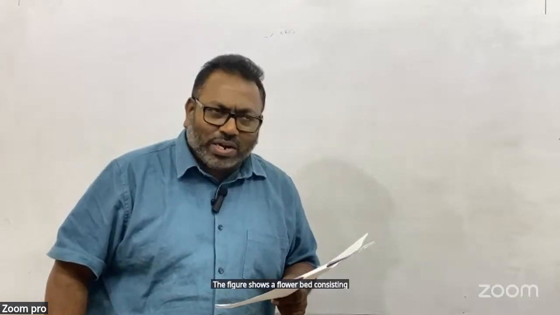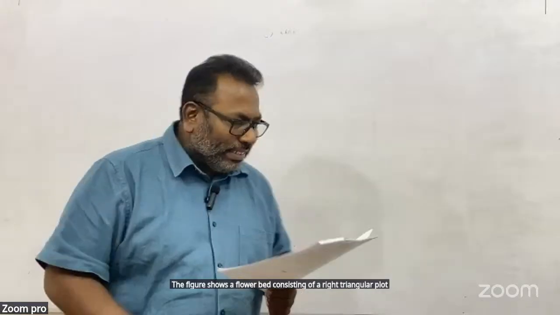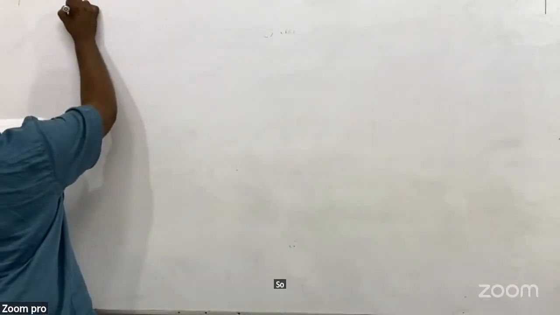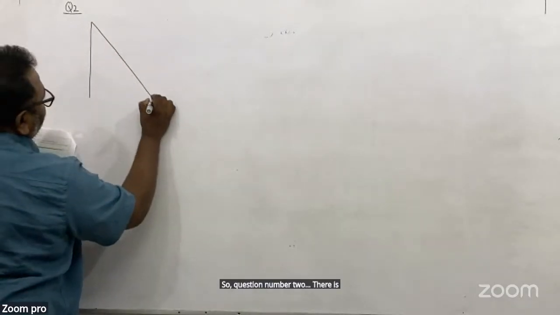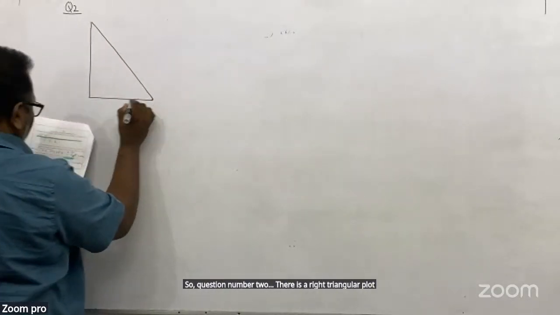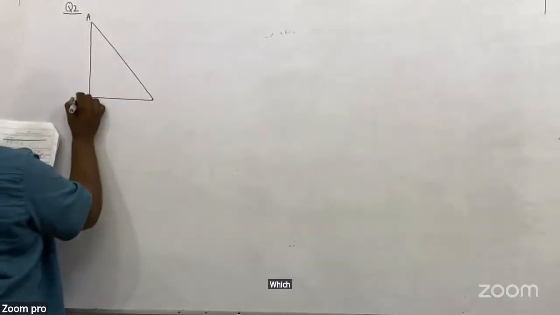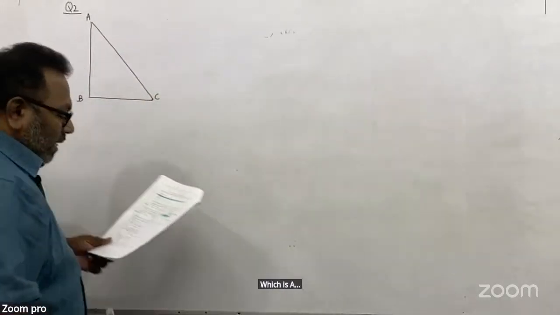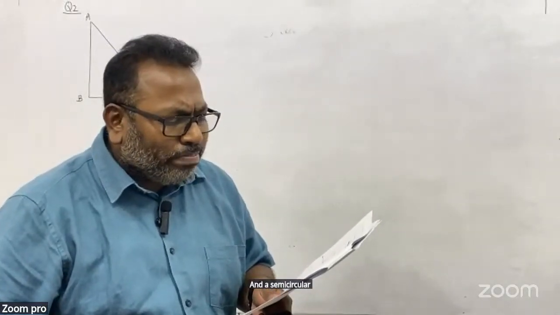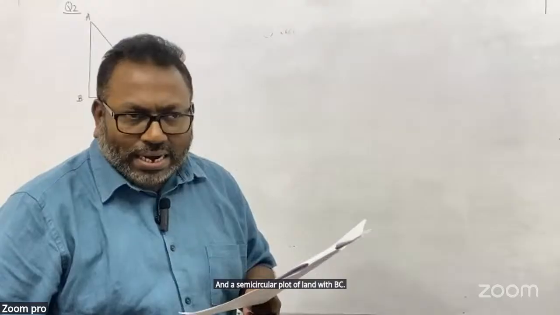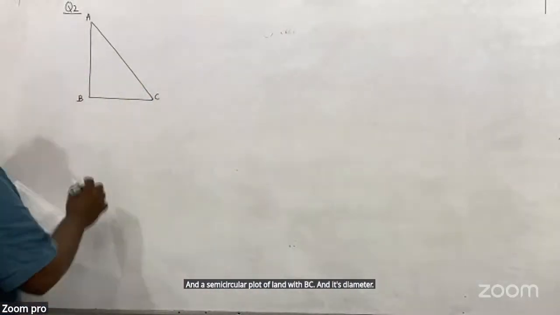Okay. Right. Question number 2. Again, an area question. The figure shows a flower bed consisting of a right triangular plot of land ABC, and a semicircular plot of land with BC as its diameter.